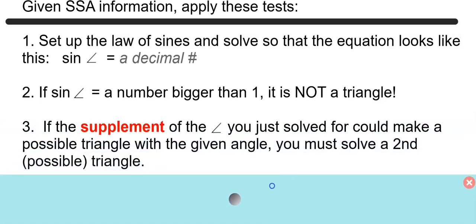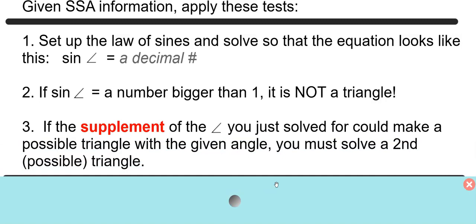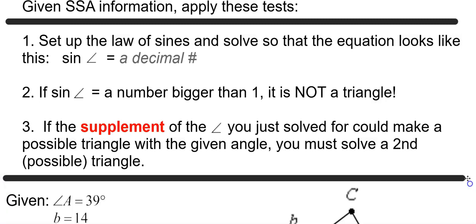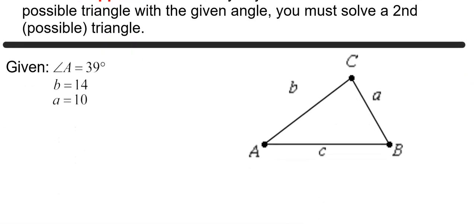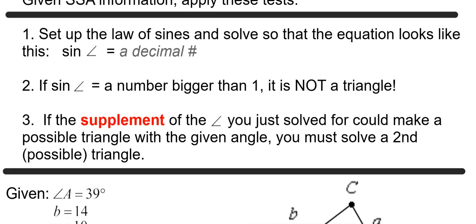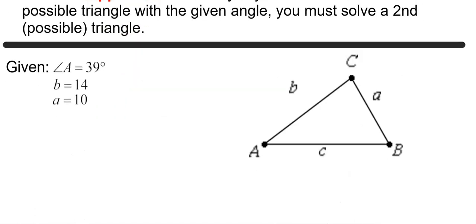Then you want to take the supplement of the angle you just solved for and see if you can make a possible triangle with the given information and that angle. This is very convoluted when you first see the steps, but let's just do the steps. First step is to set up the law of sines and start solving here.